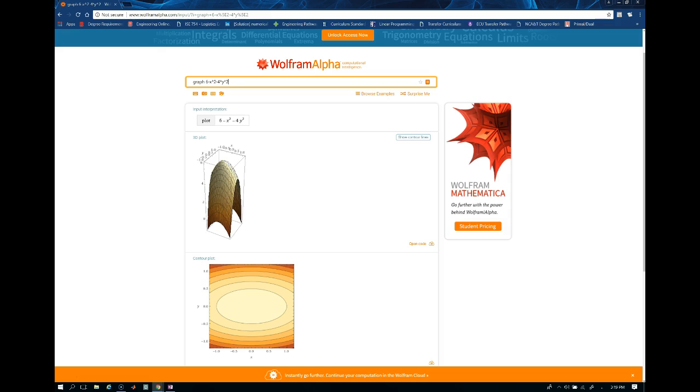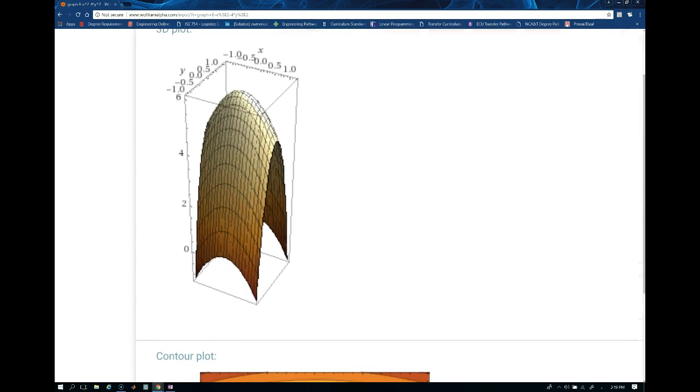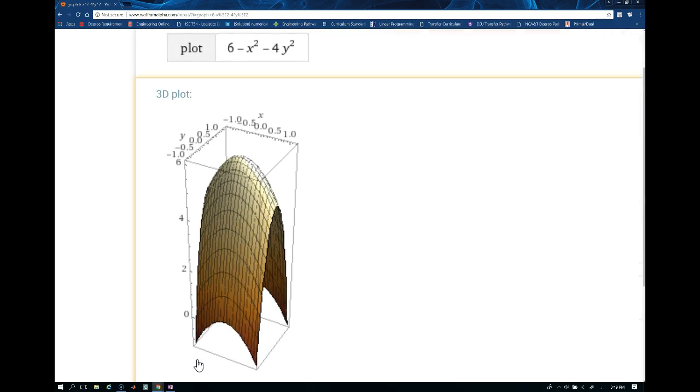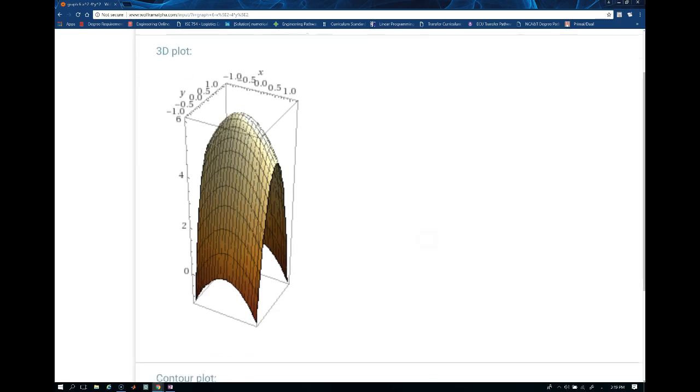And although it doesn't go out all the way to positive and -2 on the x-axis, you can see that we definitely have that absolute max there of 6 right in the center at 0, 0.